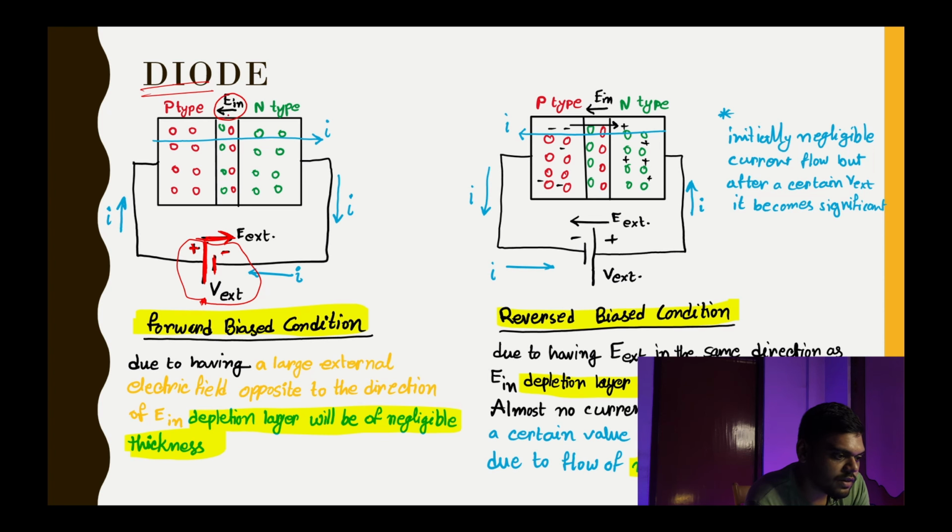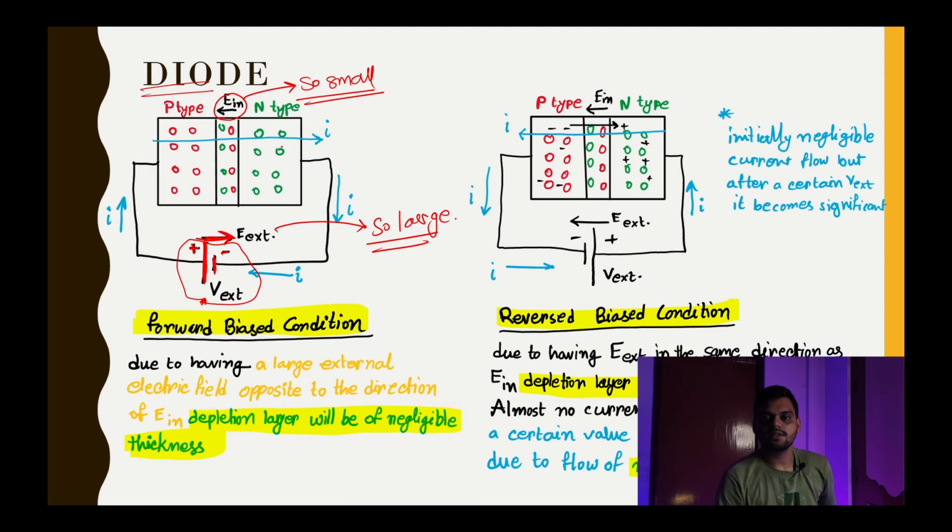The internal electric field is so small and the external electric field is so large. Due to this reason, there will be no chance that it will stop the current from flowing.